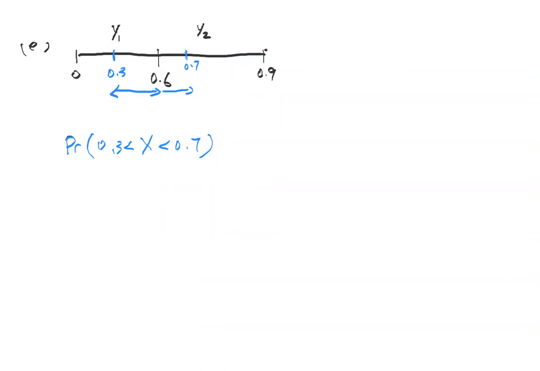So you have to write two separate definite integrals. 0.3 to 0.6, I use y1. Plus 0.6 to 0.7, I use y2. So that will be the total probability. Clear? Use your calculator again and get the answer.